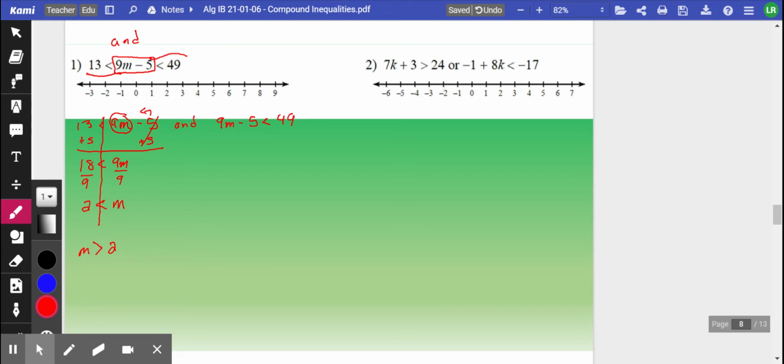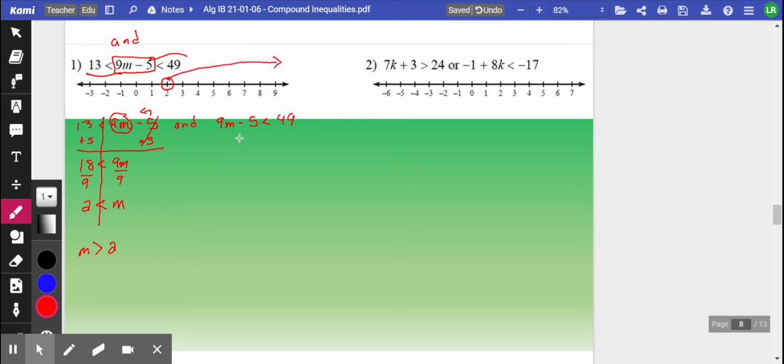Now, on my graph, I'm going to start the sketch. Remember, I have two of them to do, so I don't want to fill it in immediately. So open circle on 2. And notice this arrow's pointing to the right, so I know this one's going that direction.